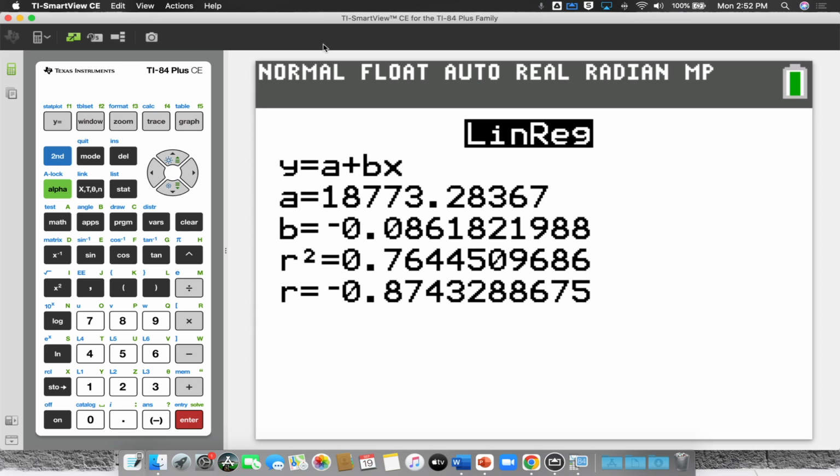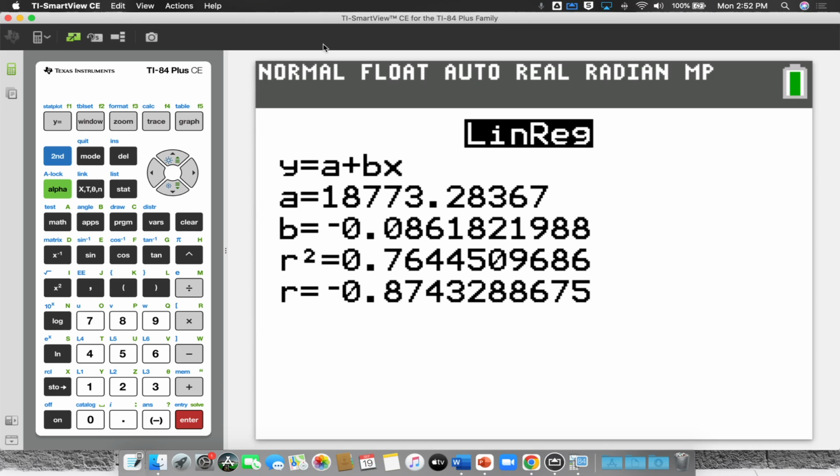So I'm going to write those numbers down. A is 773.284.